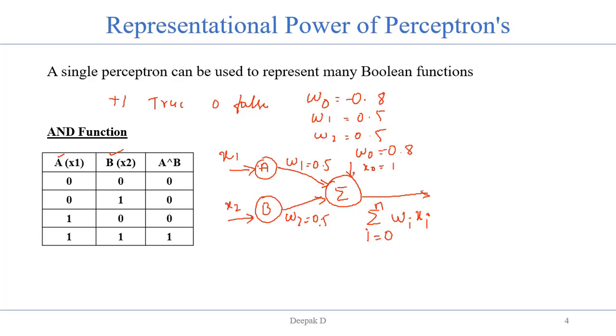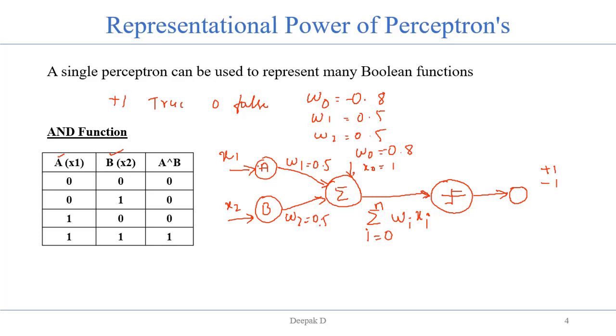The output received from these combinations of values is given to the activation function. The activation function that we have used is a step function, which will produce an output of either positive 1 or negative 1.